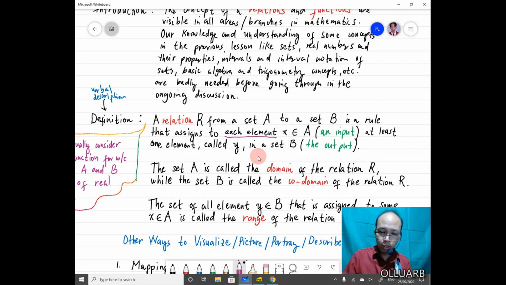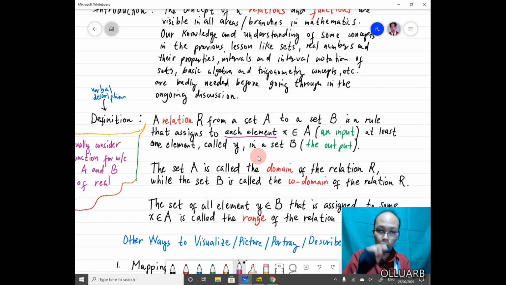It must be that all elements in the set A must be assigned. You must assign all the elements. If there is an element in the set A that you did not assign, then that is not called a function, or that is not called a relation.